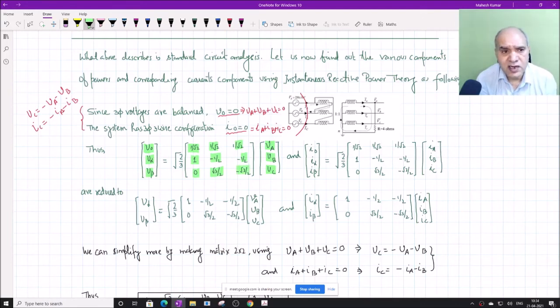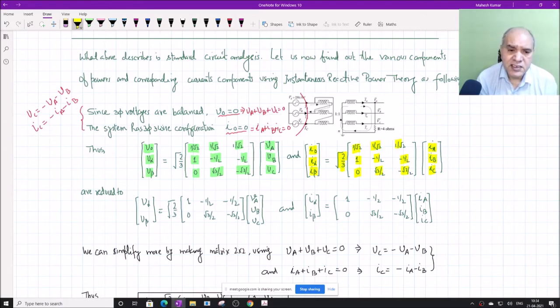Similarly, the 3-phase current can be resolved into I0, I alpha, I beta. This we have done many times, so that is not a big deal for us because we know how to transform these quantities into the respective 0, alpha, beta components.